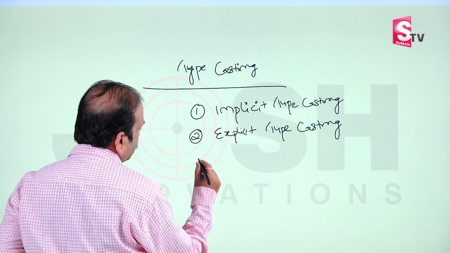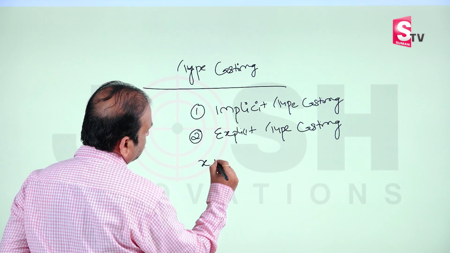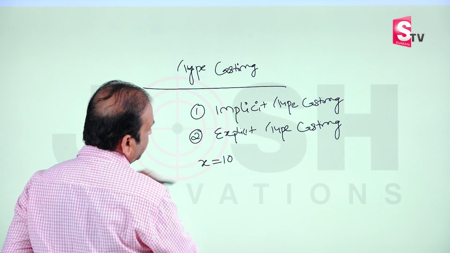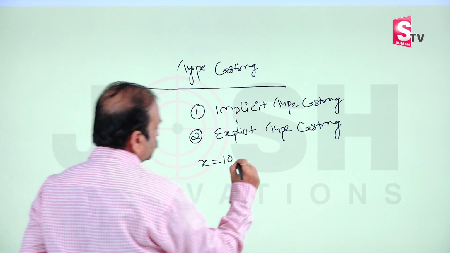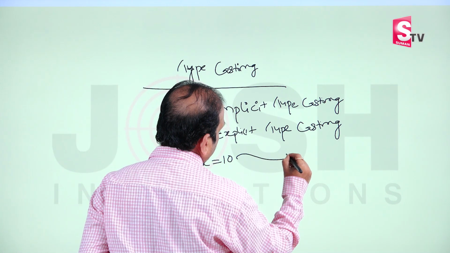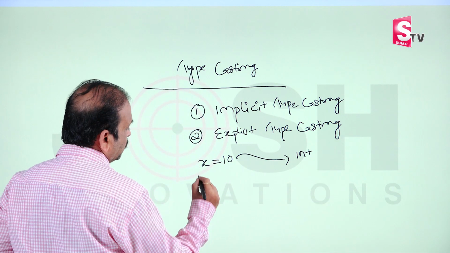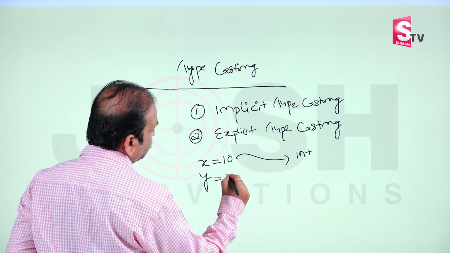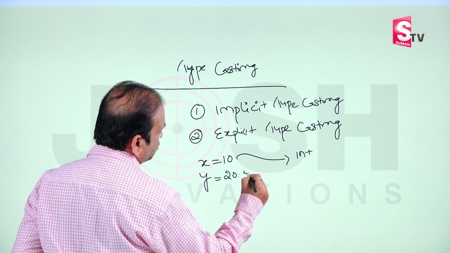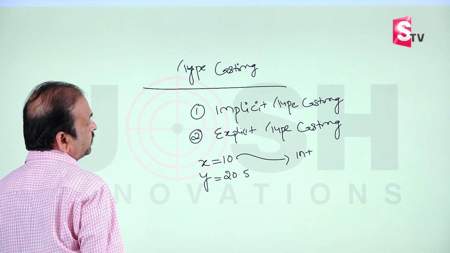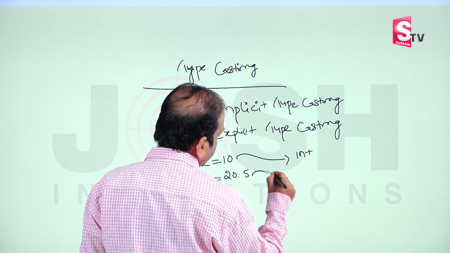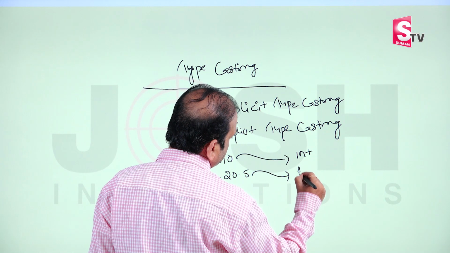For example, I will declare one variable, x is 10. So the data type of x is int, right. Now, y equals 20.5. What is the type of y? The type of y is float.